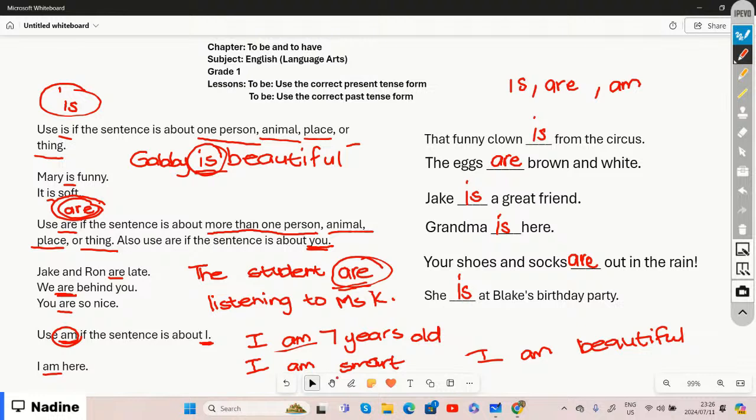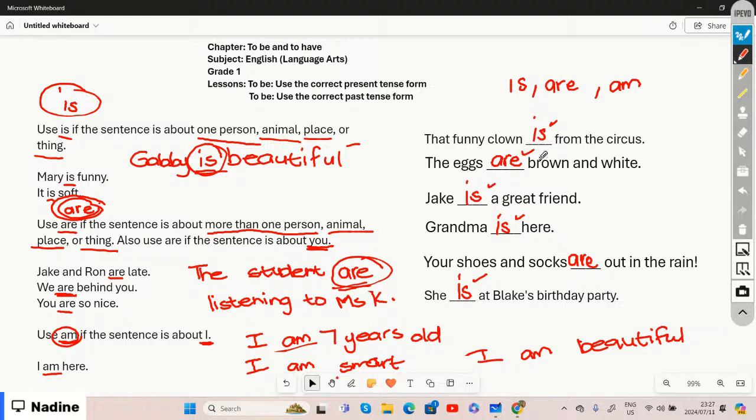So before we go to A plus students.ca, remember we use is if the sentence is either about one person, one animal, one place, or one thing.